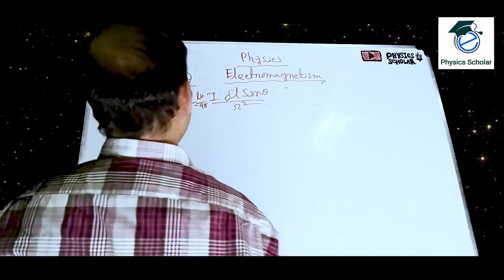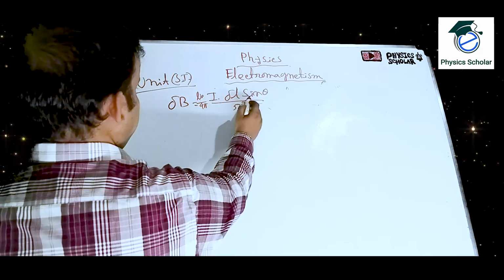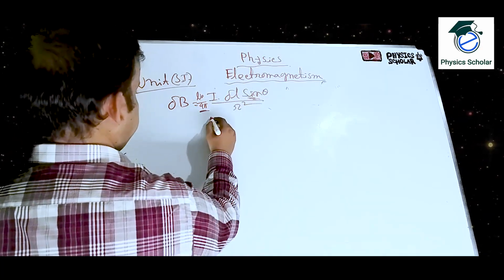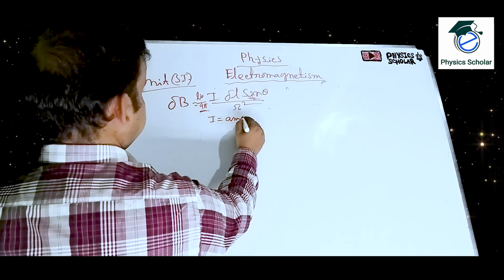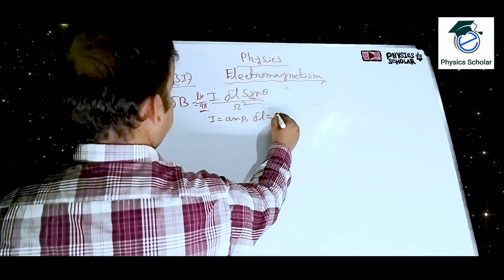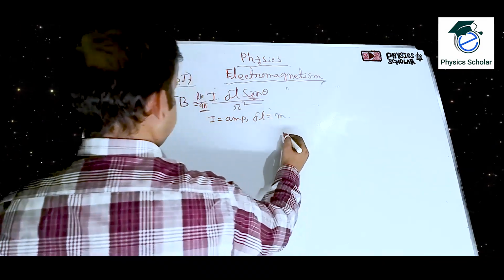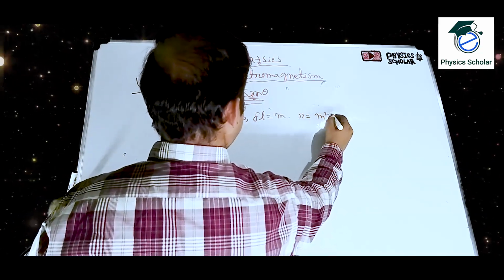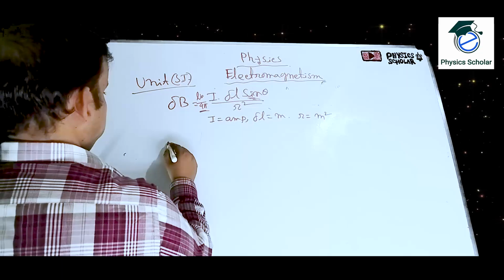Clear? So mu 0 and sin theta, no unit is there. 4 pi is also constant, no unit is there. I means what? Ampere. Delta L is equal to meter, and R is equal to what? Meter square. Clear? So what we know?